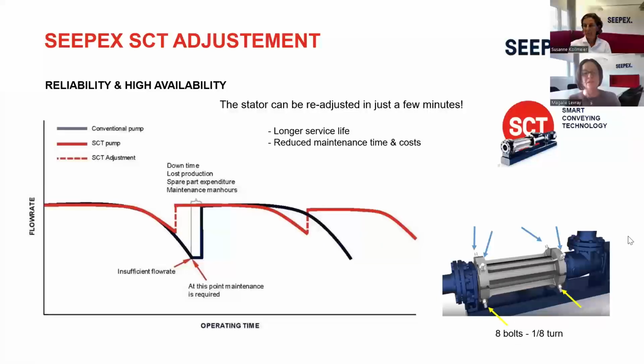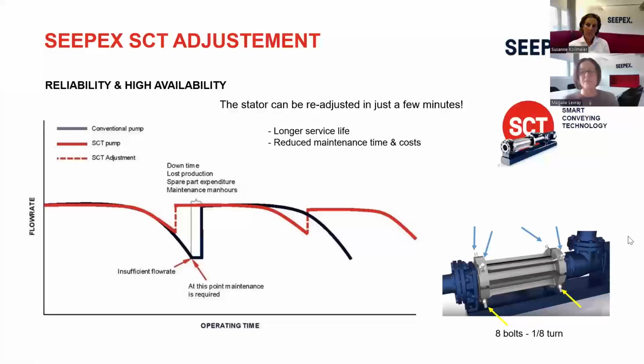So normally that would mean we need to stop the pump and change the stator to recover our original flow rate. However, with smart conveying technology, we don't have to change the stator immediately.